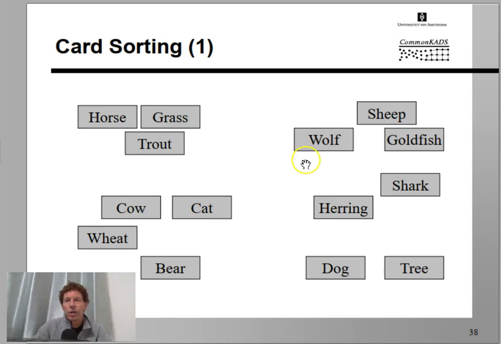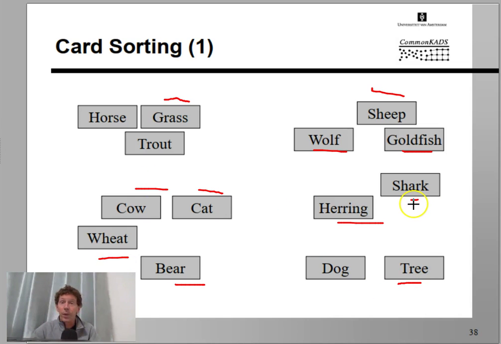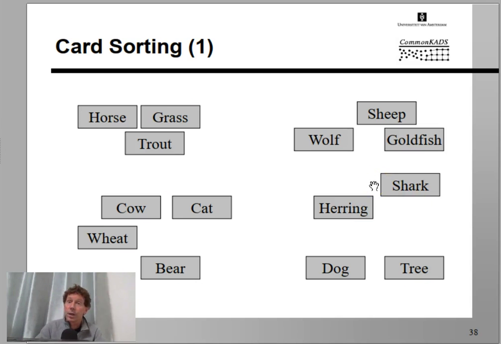So there are cards for wolf and sheep and fish and herring and sharks and bears and cows and cats, and also some food things, animal related things like grass and wheat and a tree. And now the question is, how would you put these things together?